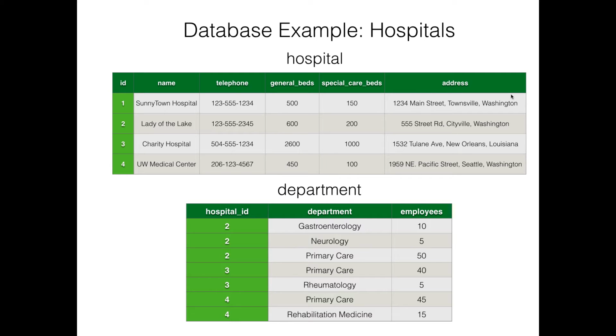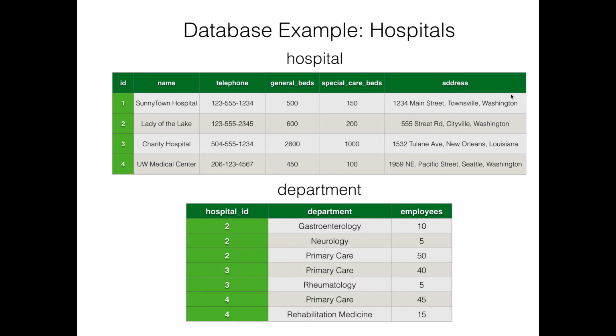And then we might have a table that keeps track of their departments. So we've got different kinds of departments. We've got primary care, gastroenterology. And you can see here in the department, maybe you can't see from the back, I apologize, but in the department table, we've got an ID called the hospital ID. And it's meant to point back to the hospital table.